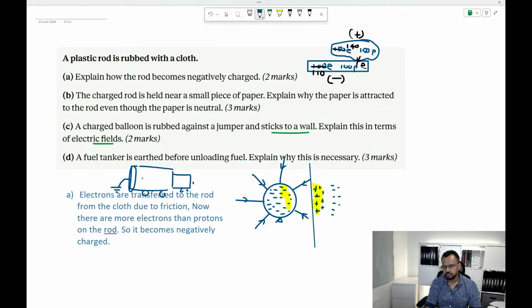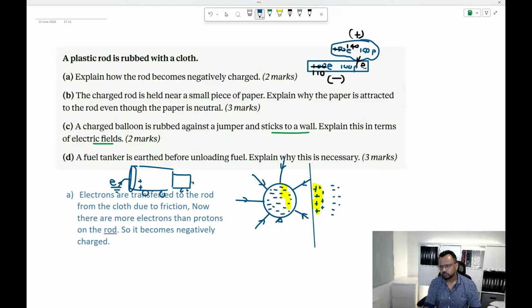If this has any extra positive charges, electrons will come from the Earth and neutralize it. Or if this has any extra negative charges, they will flow to the Earth and neutralize it. The Earth, being the largest object in our vicinity, can take or give any amount of electrons in physics. Just keep that in mind.